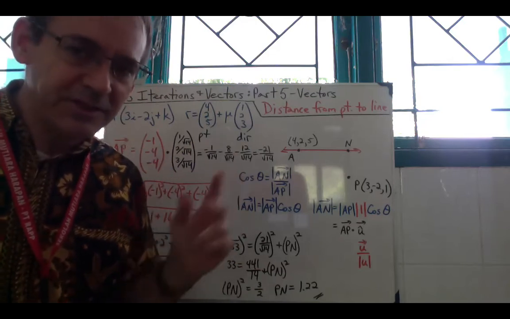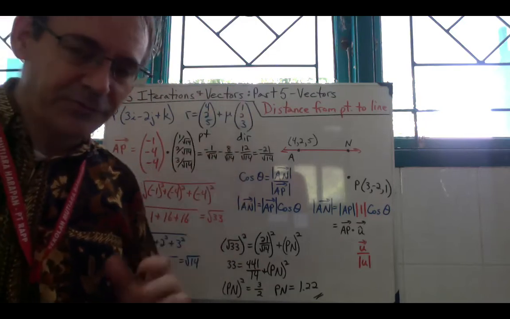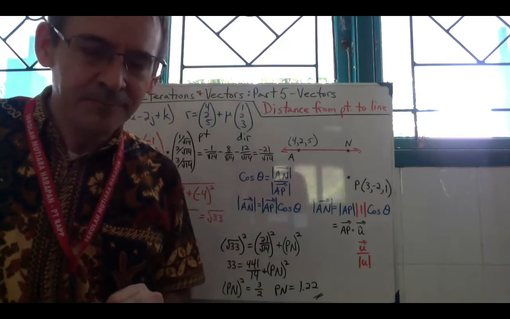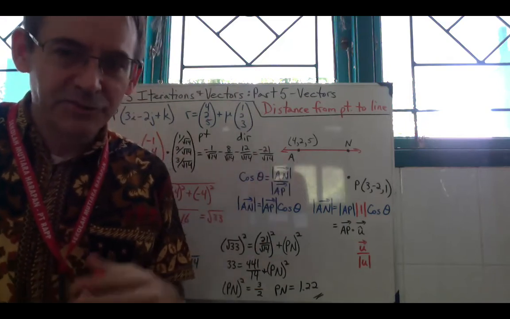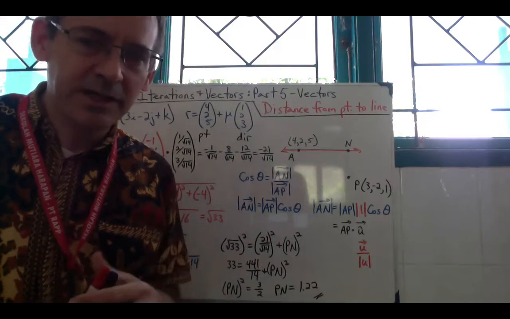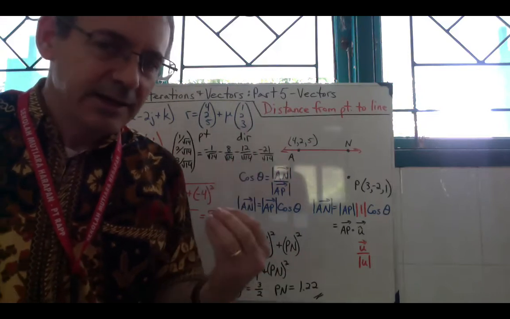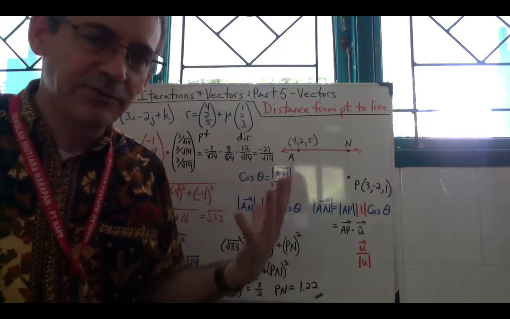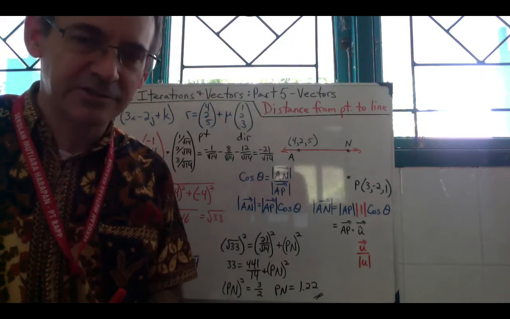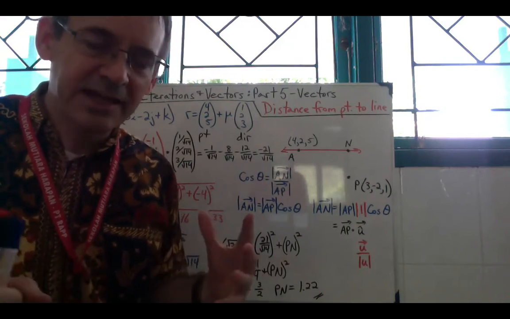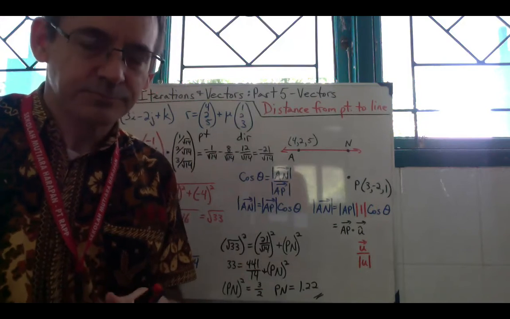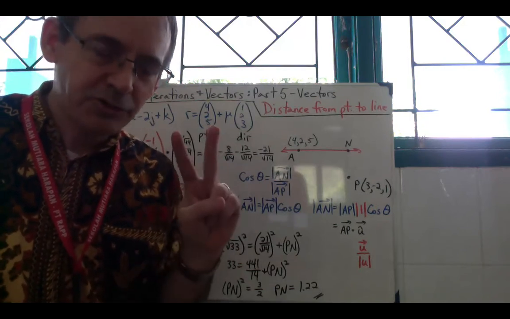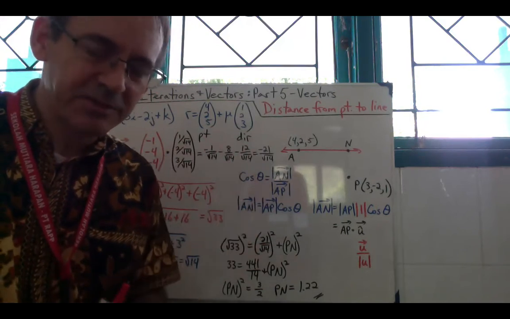There are 2 reasons why I will follow this particular method. One, it's the one that I remember, and 2, I like it because it reviews a lot of the things that we've already covered in vectors. So it doesn't take information outside of what we've already learned. So I'll show you 2 examples using this method.